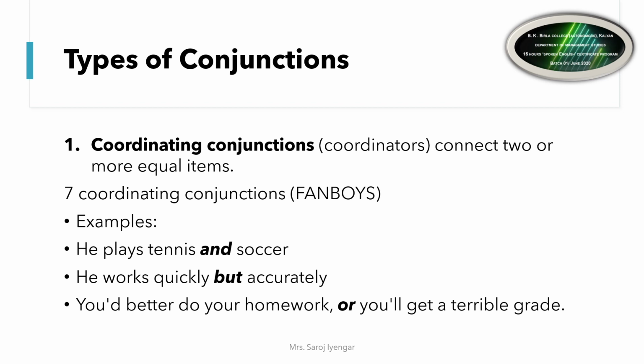I'll repeat again: for, and, nor, but, or, yet, so. So these are the 7 coordinating conjunctions which are extensively used in English grammar.